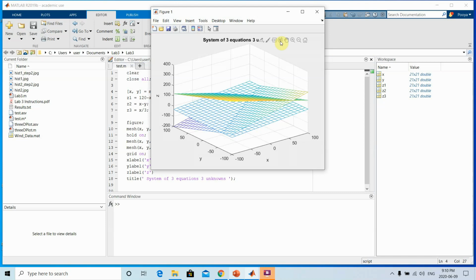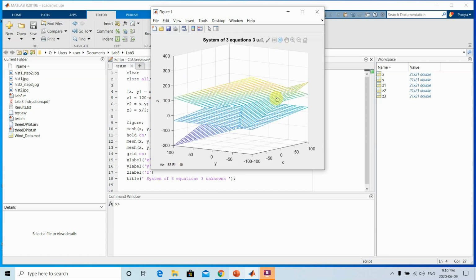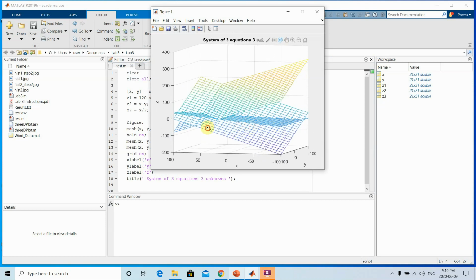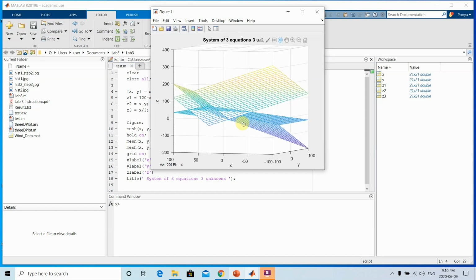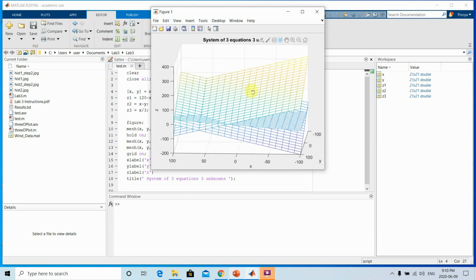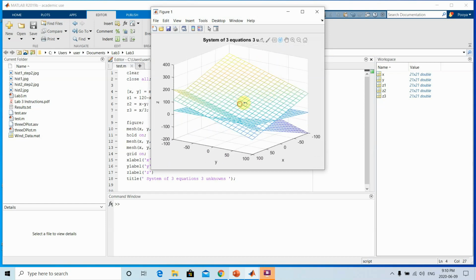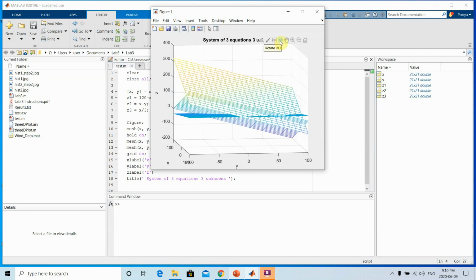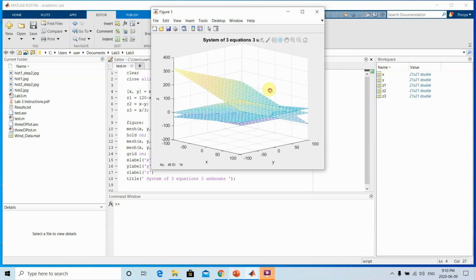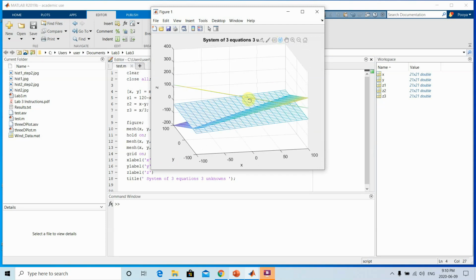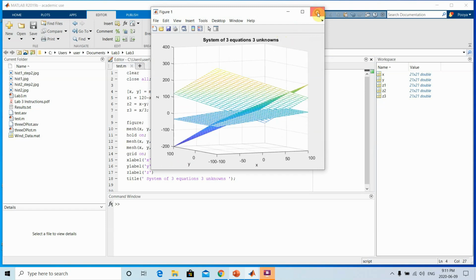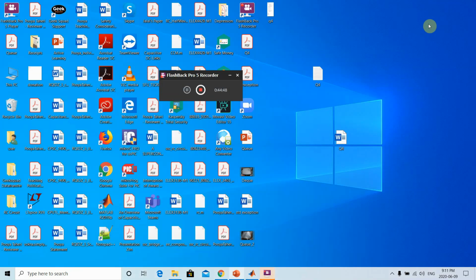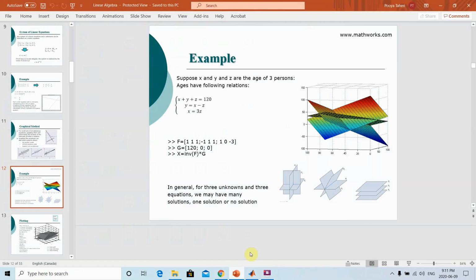If I reduce the resolution, you would see that this looks more similar to what we had in the PowerPoint. You see that each of them is a plane, and you can rotate the plot using this icon. Anyways, this is how you can visualize your system of linear equations.